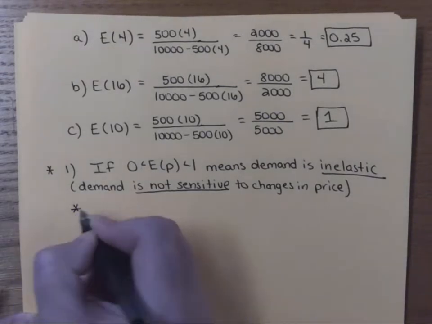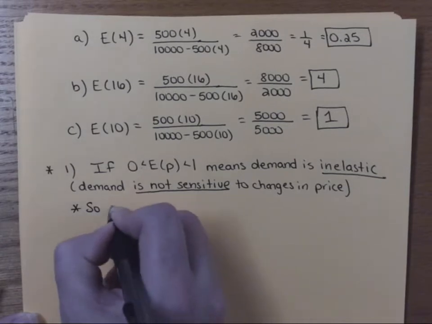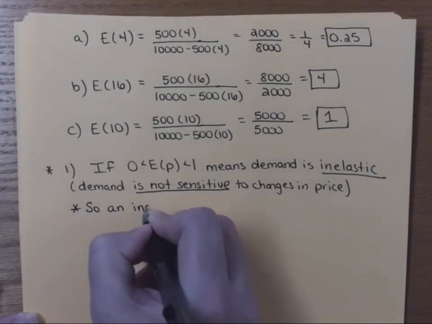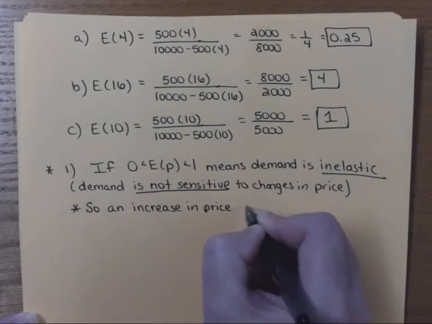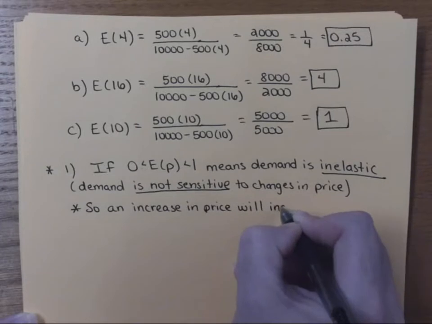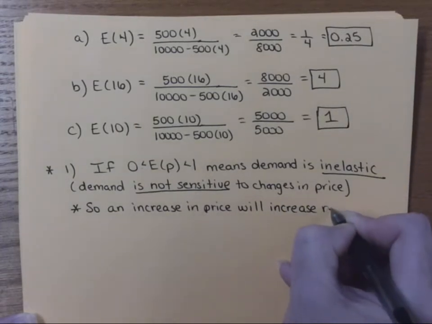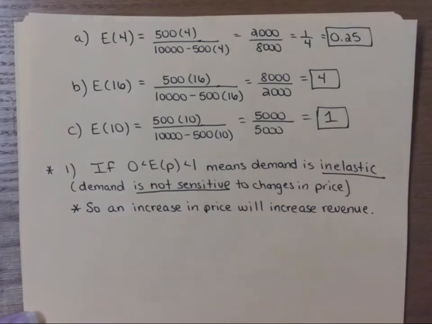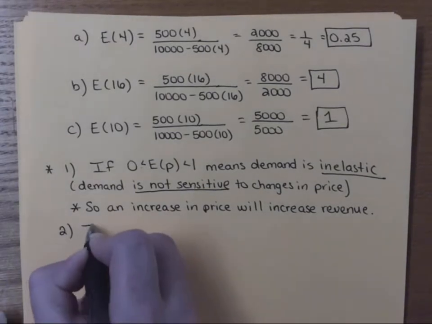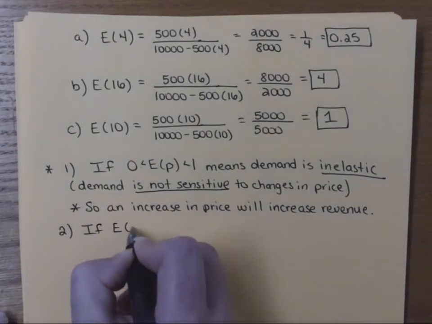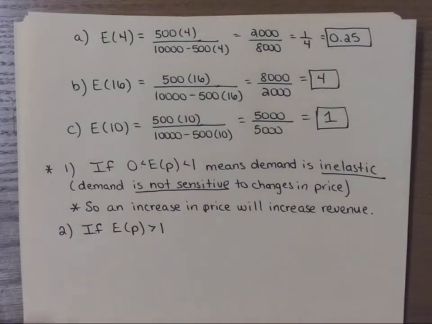So in situations like this, if demand is not going to be reduced much or at all when you increase the price, then an increase in price will definitely increase revenue, right? In other words, if you're not going to make people not want to buy your product by raising your price, then raising your price should have a good effect on your bottom line if you're the business owner. We're looking at this from the perspective of the business owner, not necessarily the consumer, although the consumer kind of decides what happens here, right? Because they decide if they're willing to buy your product for more.